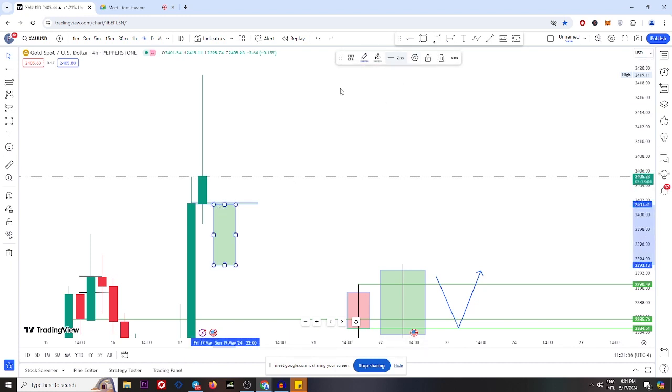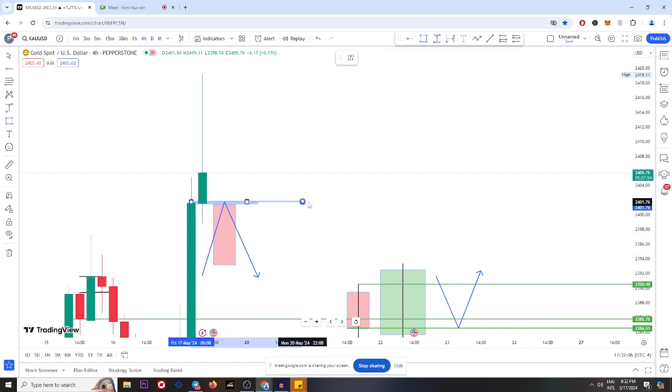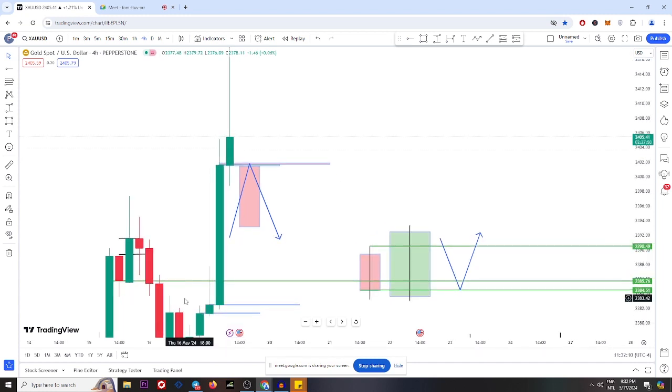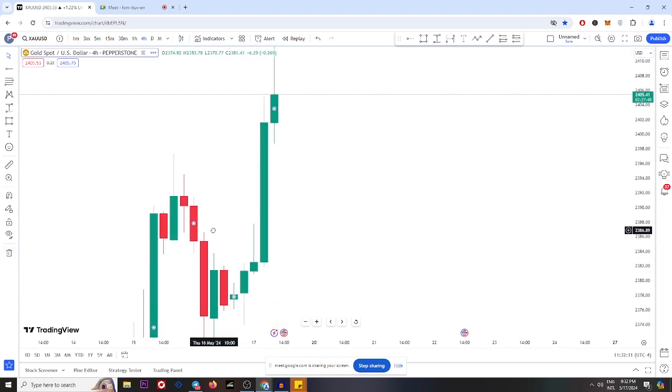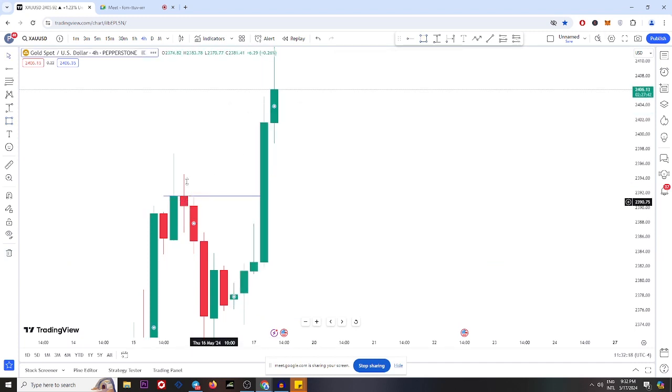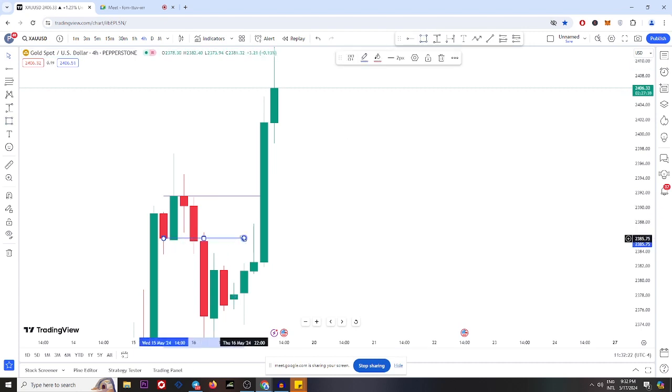Okay, now when we have an A shape, it is what? It is a resistance. When we have a V shape, it is a support. So when this support is broken, now it becomes what? Resistance, right? So when we see the market break out of that support, we call it a resistance, and now it has become a what?